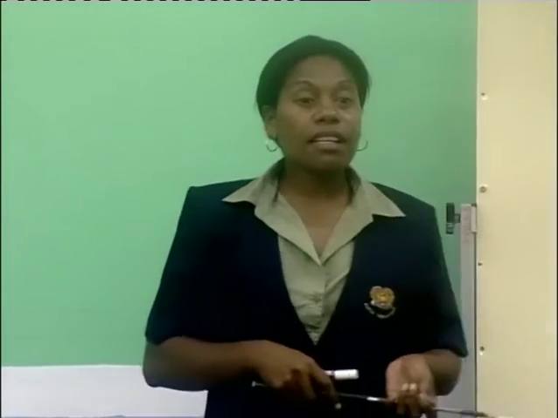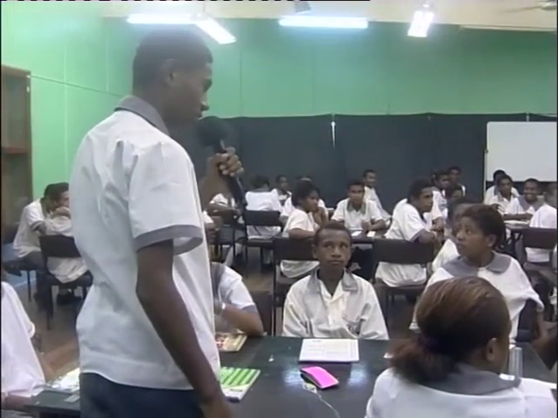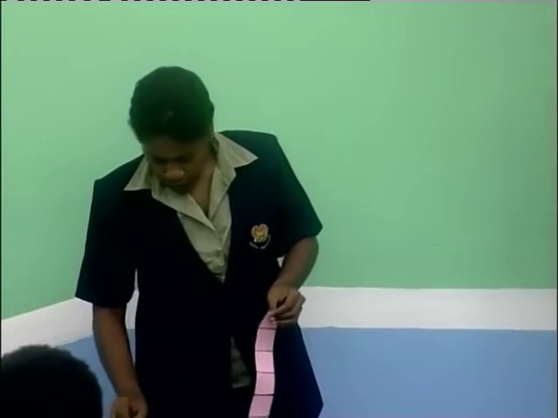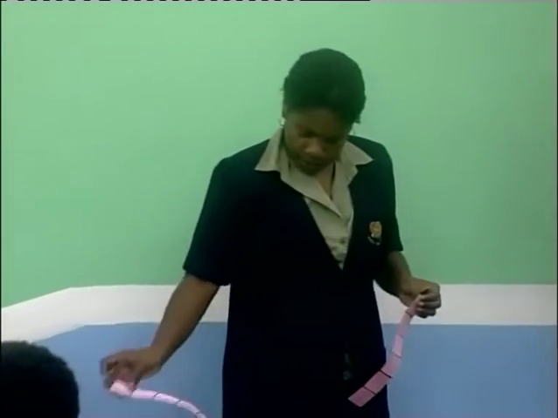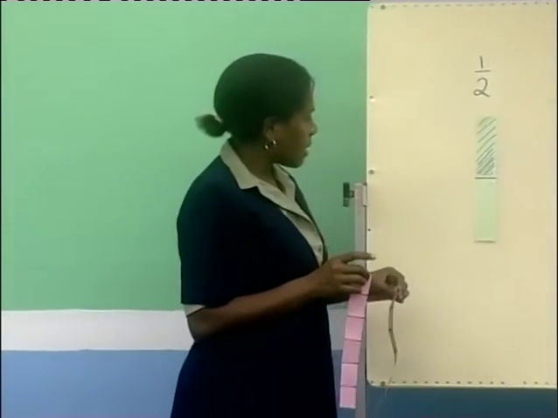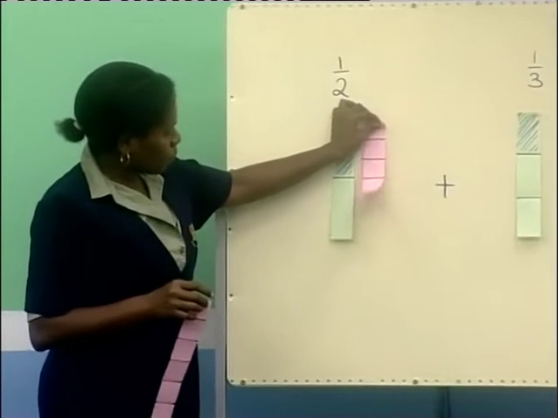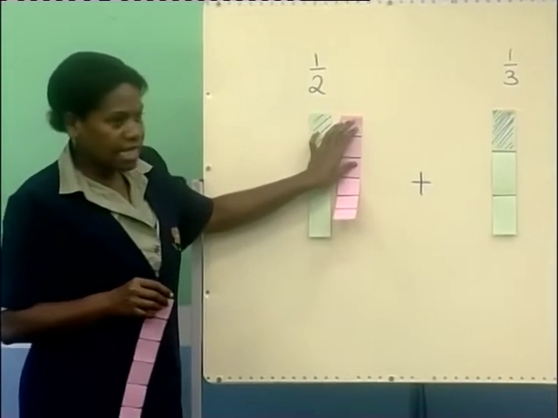One from this side. 6. All right, good. 6. Okay, you others agree with him? 6. So that means if the lowest common denominator is 6, a half will have to be equivalent to how many 6?